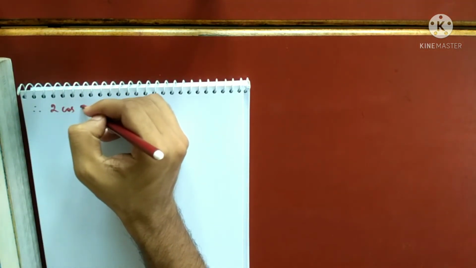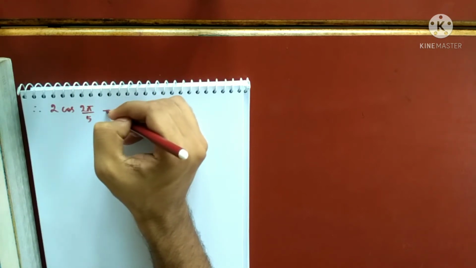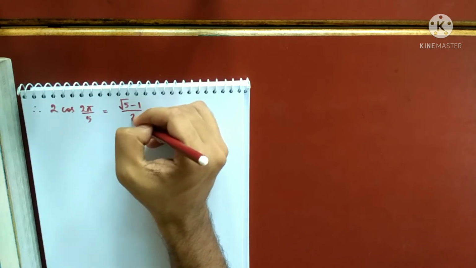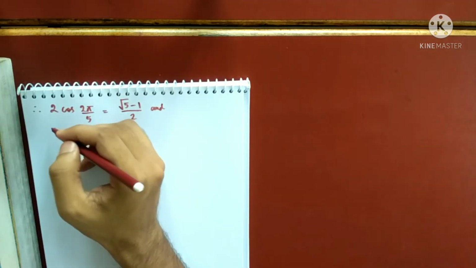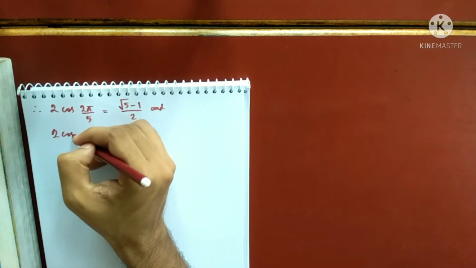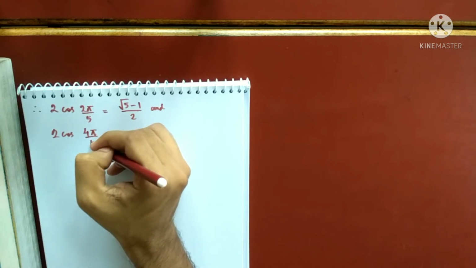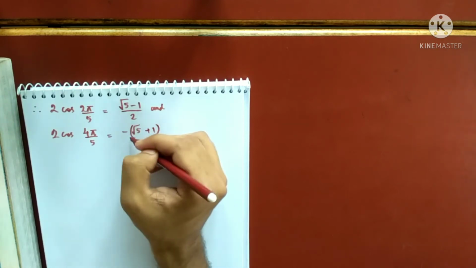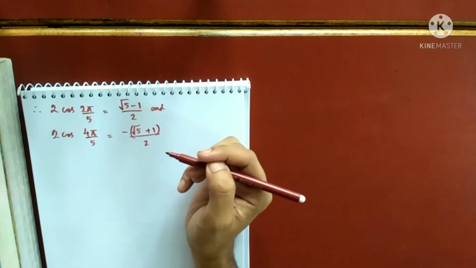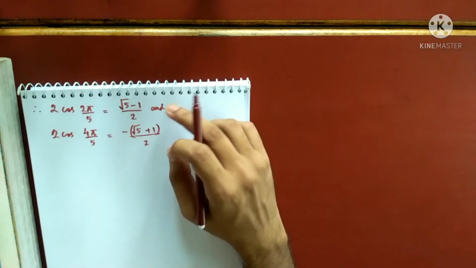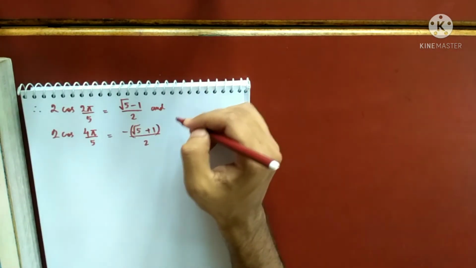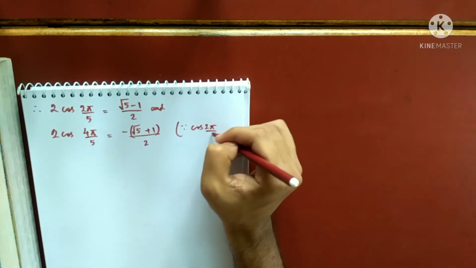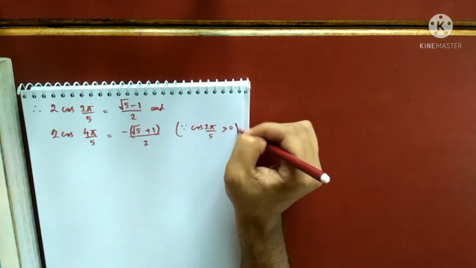2 cos 2 pi by 5 is minus 1 plus root 5, so I write plus root 5 in the front, minus 1, by 2. And the value of 2 cos 4 pi by 5 is minus root 5 minus 1, or you can give a minus common by, and you can justify why you have chosen this value, because cos 2 pi by 5 is a positive quantity.